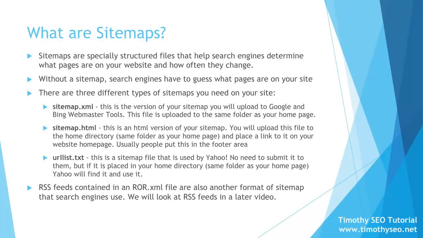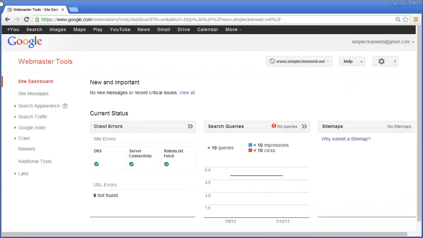But again, search engines do use RSS feeds if they find them in the ROR.xml format. And we're going to talk about that in another video, because that's sort of a separate topic. So that's what we're going to go ahead and do.